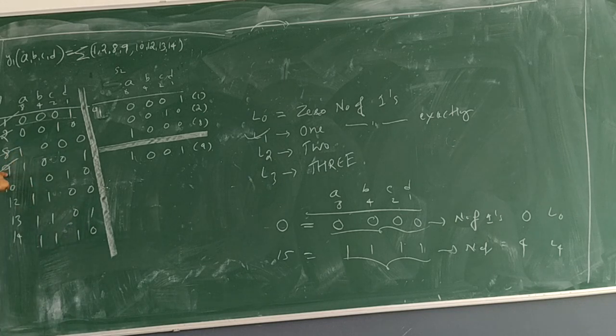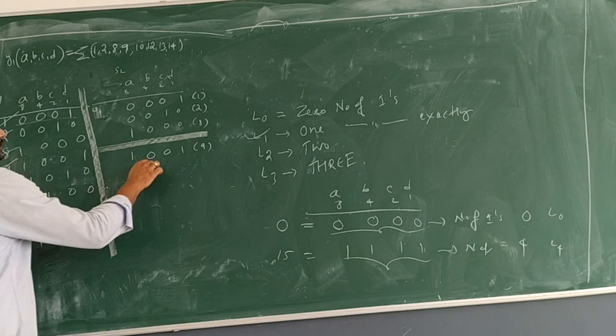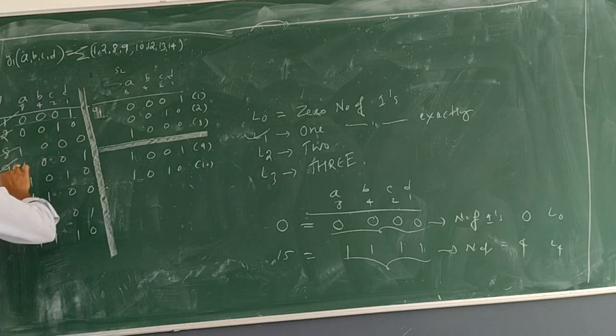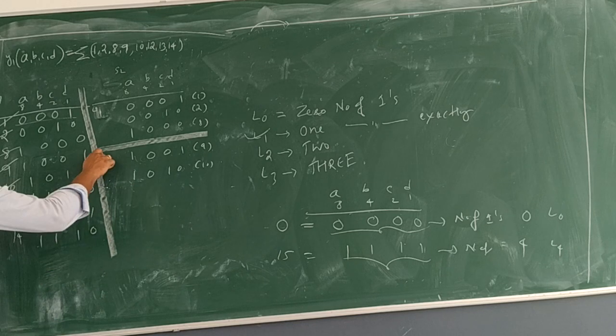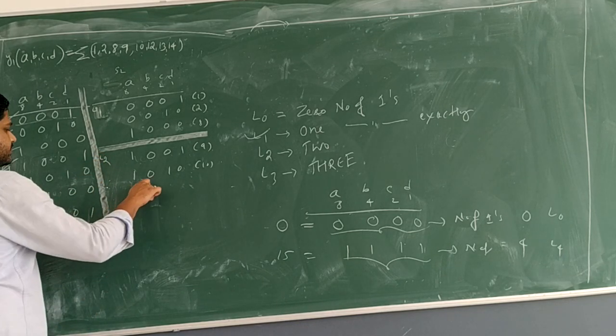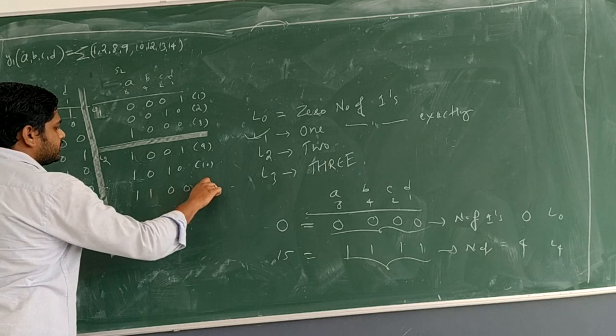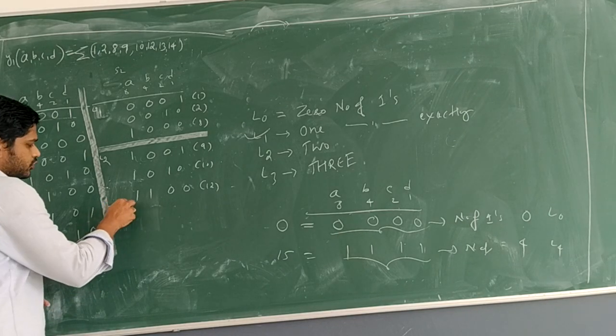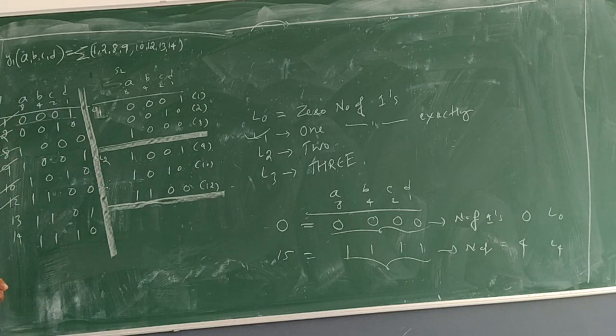Put a pass mark for 9. 10 is 1010, hence 10 also has two number of ones because we are writing L2. 12 is 1100. Hence put a pass mark for 12. The next numbers have 3 ones, so that closes L2.